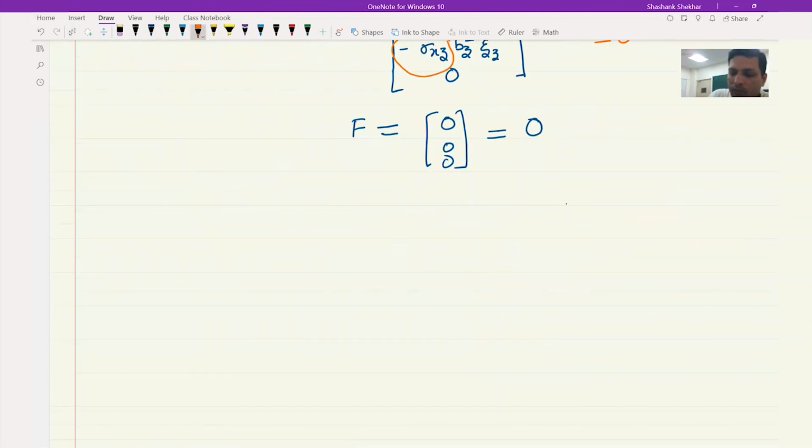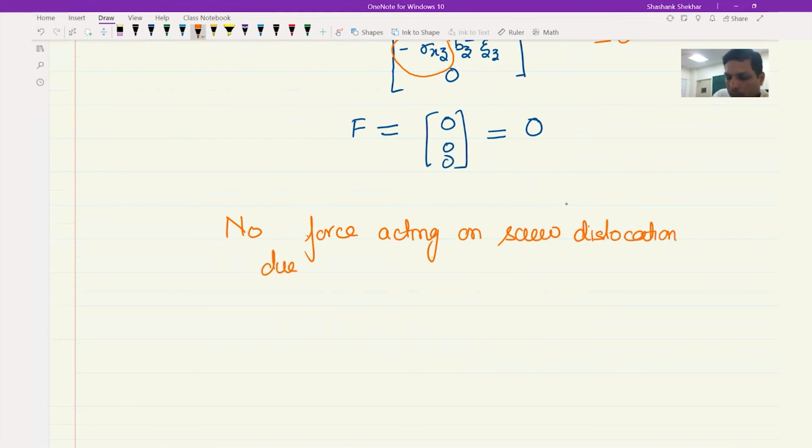So no force, or vice versa, meaning no interaction.